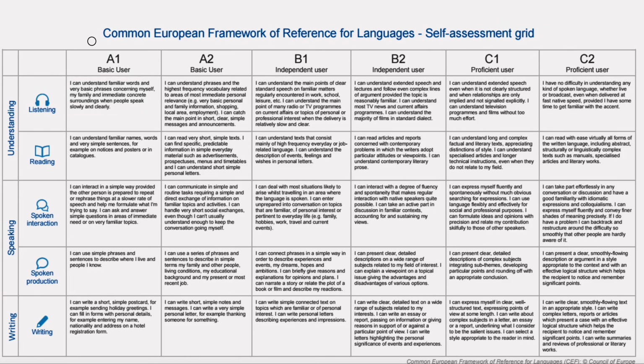Today I want to do just a short video showing how I use the CEFR, the Common European Framework of Reference for Languages, to measure my language levels and to help me improve where I can. I said in the last video that I was not going to measure my Spanish level because I don't really care, but I'm going to measure it.